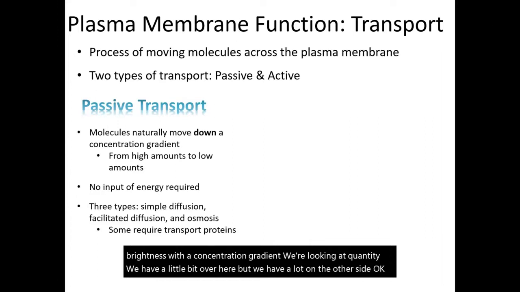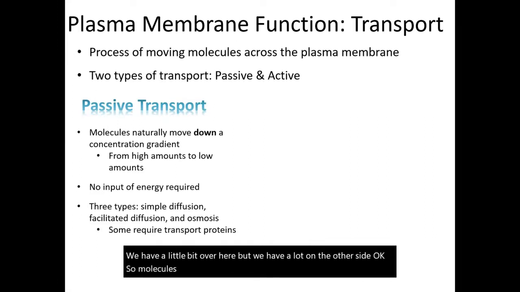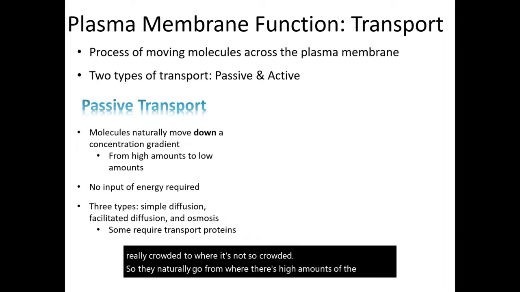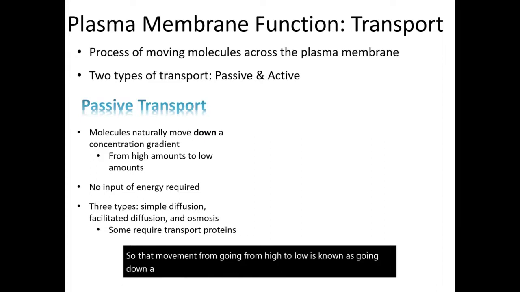So molecules naturally want to go from where it's really crowded to where it's not so crowded. They naturally go from where there are high amounts of the molecule to where there are low amounts. That movement from high to low is known as going down a concentration gradient. And I bolded that for a reason.